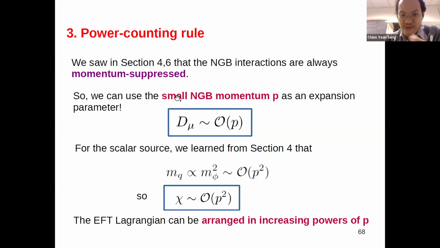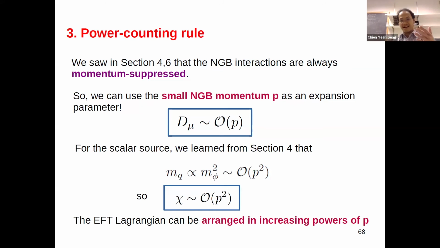So we denote the small Nambu-Goldstone momentum generically as P. Therefore, P can be taken as an expansion parameter.